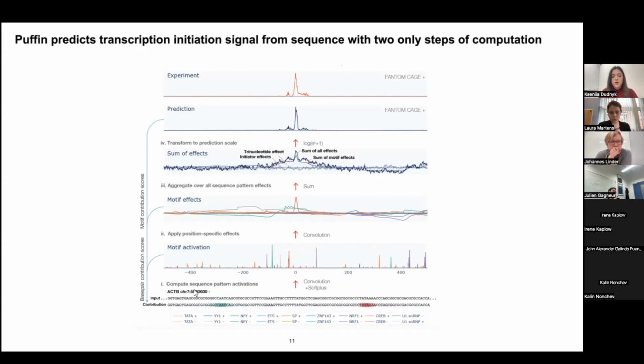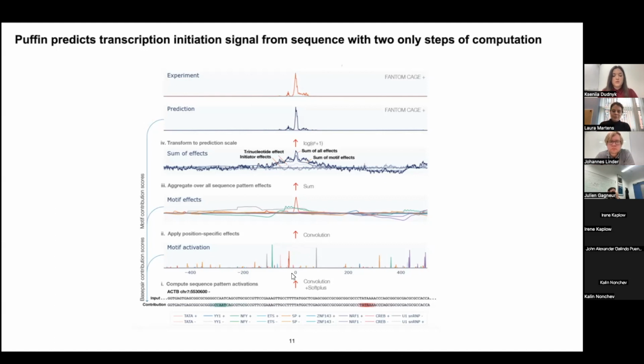It shows how much a specific motif contributes to the signal. Again, we can choose any position or any window, and then we can compute how much the motif contributes to activity in that window. And that score is important because often a motif can appear near the promoter, but then it will not contribute to the promoter activity.